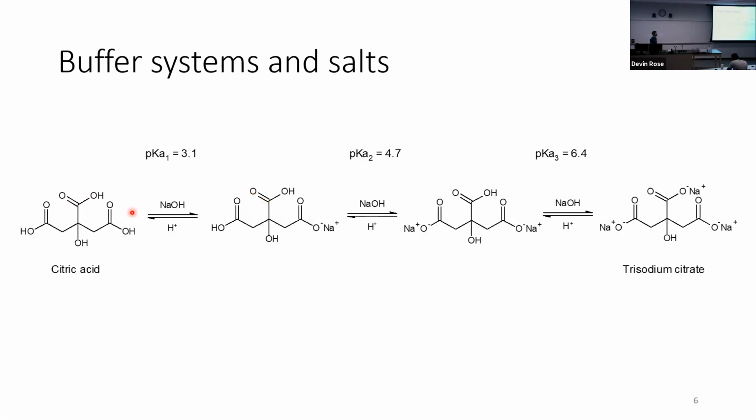So it can keep the pH constant. Typically we think of these acids as being good buffers plus and minus 1 pH unit from the pKa. So at 3.1, this proton that's coming off first can buffer between 2.1 and 4.1.